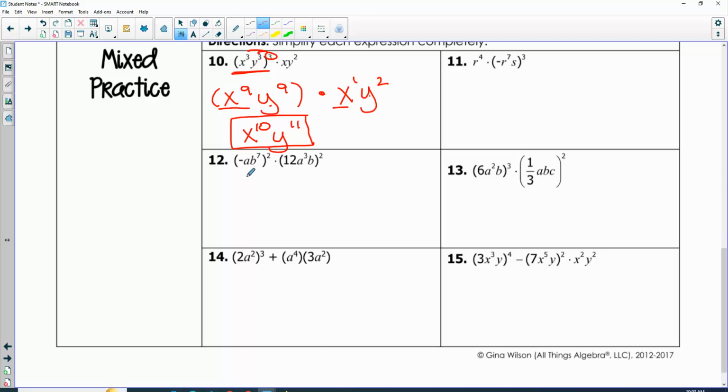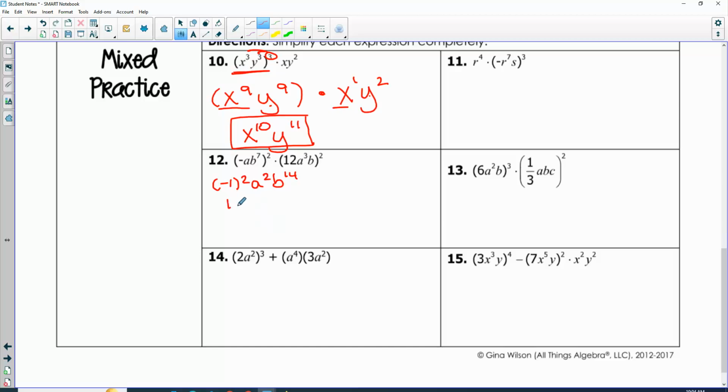Number 12. If there's a negative, that's the same thing as saying -1. So we have to do -1 squared. A to the second, B to the 14th. What is -1 squared? 1.